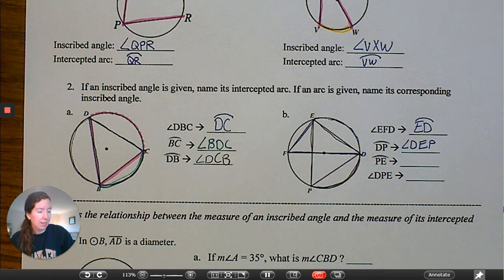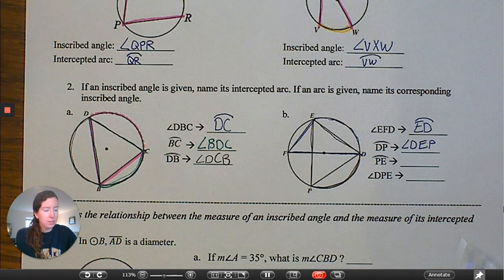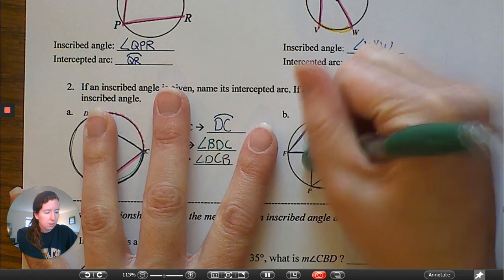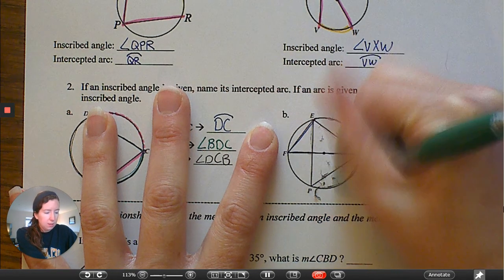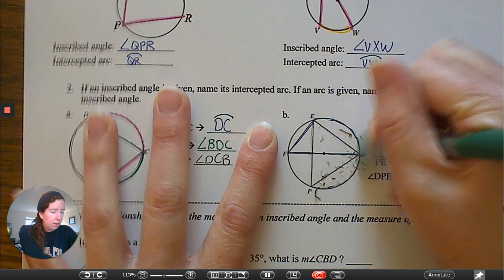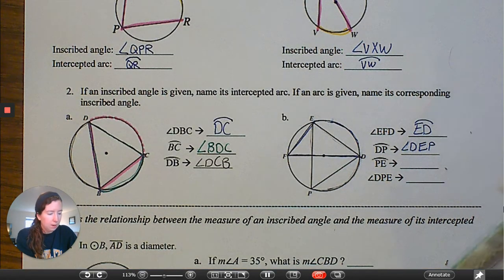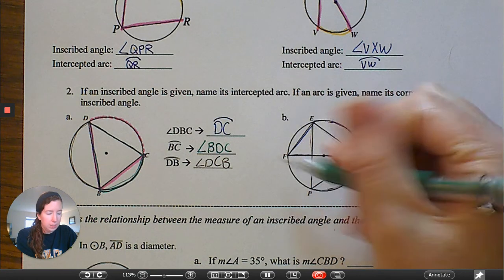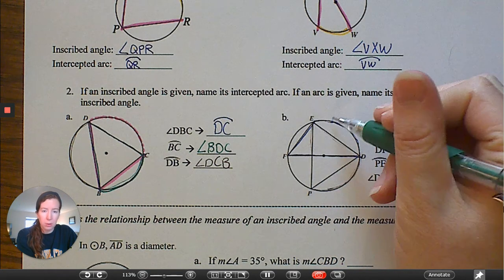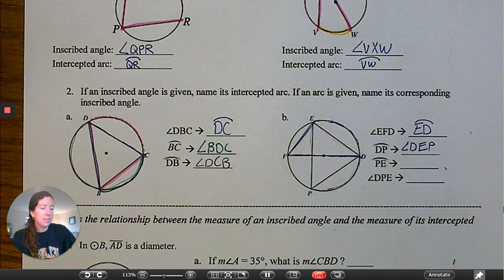All right, PE. Arc PE. Now, this can be a little confusing, because which way am I going to get there, right? Am I going from P directly to E, or am I going the long way around? We learned in the last lesson that when you're looking at arcs, if it's a minor arc, meaning it's less than half the circle, it's only going to be 2 letters typically.